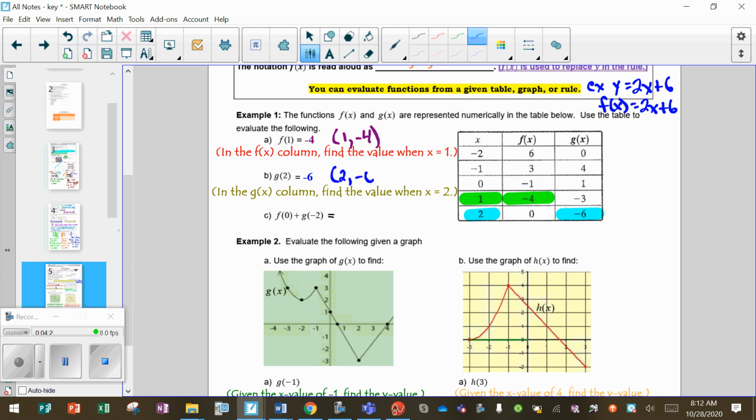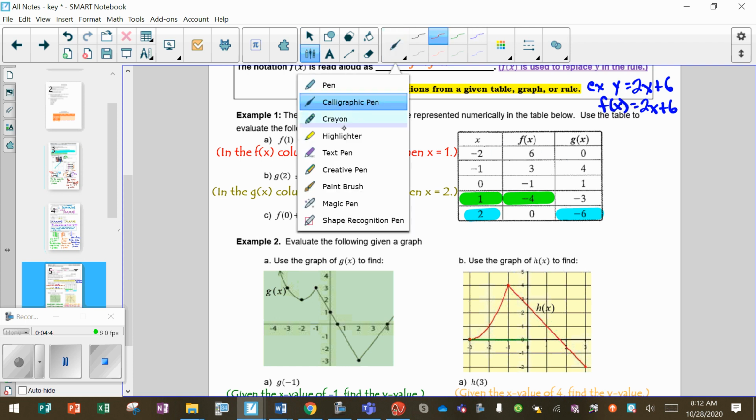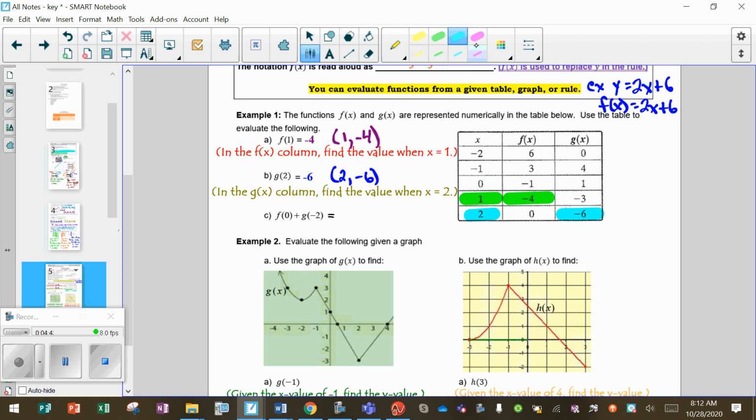If they ask us to do f of 0 plus g of negative 2, you're going to do the research in the table to find where f of 0 is. So look in the f column where x is 0, and you get a y value of negative 1.